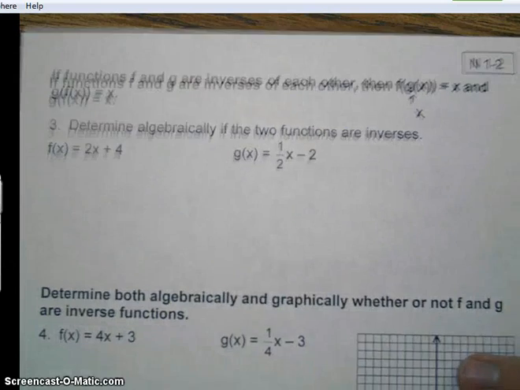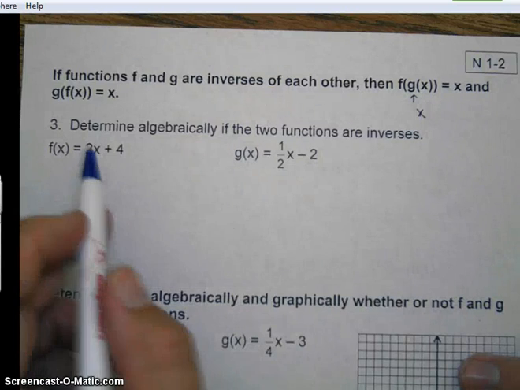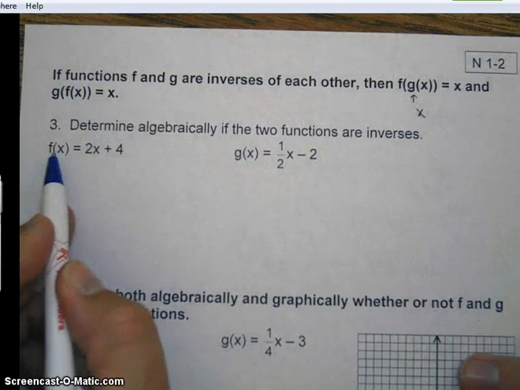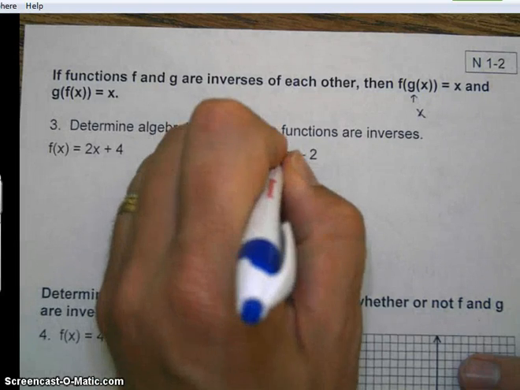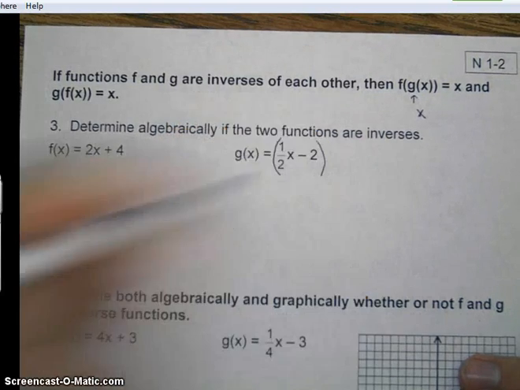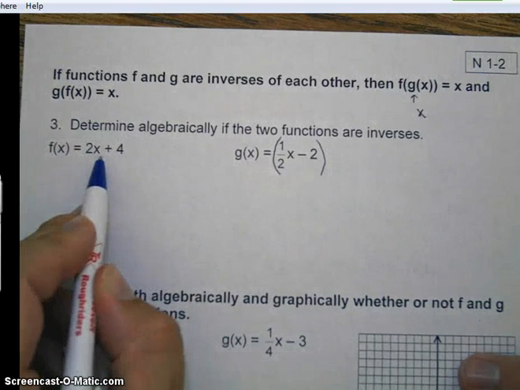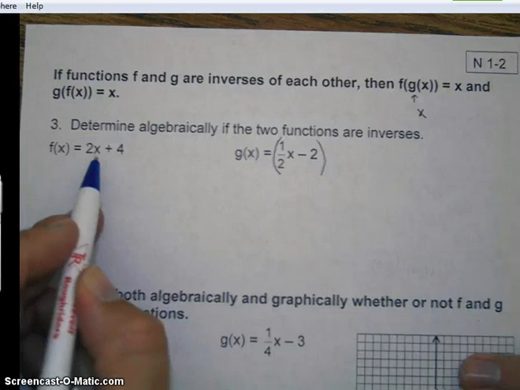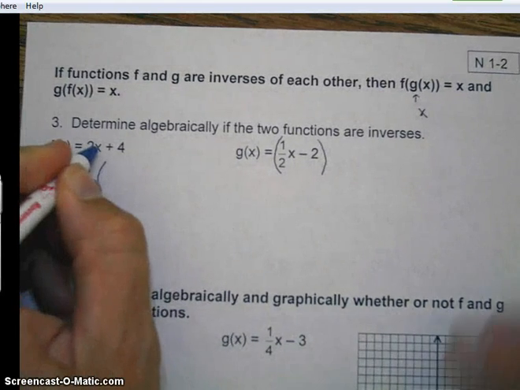Any place you see an x, you're going to plug in function g. So here's function f, here's function g. We're going to take this function right here and plug it into function f everywhere we see an x. So we're going to have 2. Oh, I see an x. Plug it in.